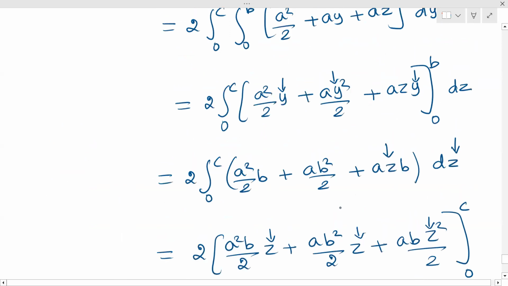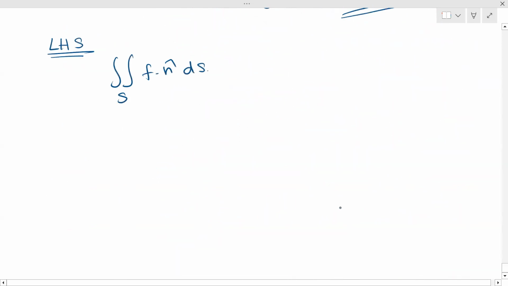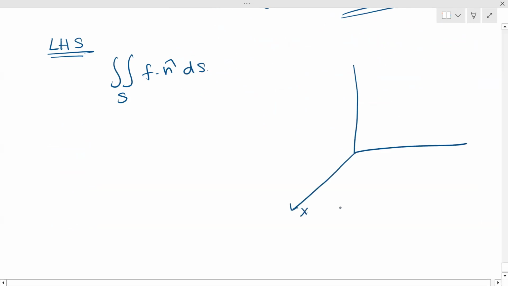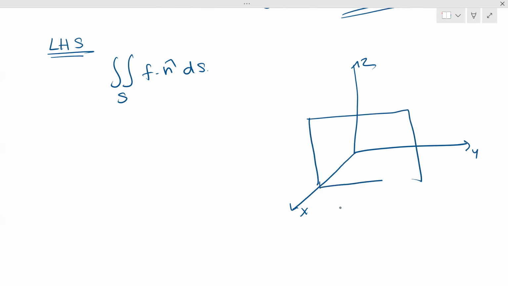So in the rectangular parallelepiped, x, y, z, we know it has 6 faces.